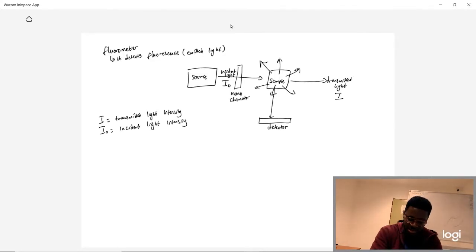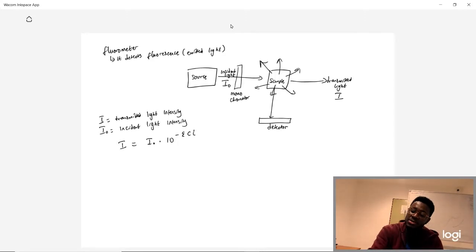So what is your I? Your I reduces, it decays, like you mentioned. So your transmitted light intensity is equal to your I0 times 10 raised to the power minus epsilon C L. Normally you have e raised to the power, but here you can have 10 raised to the power.